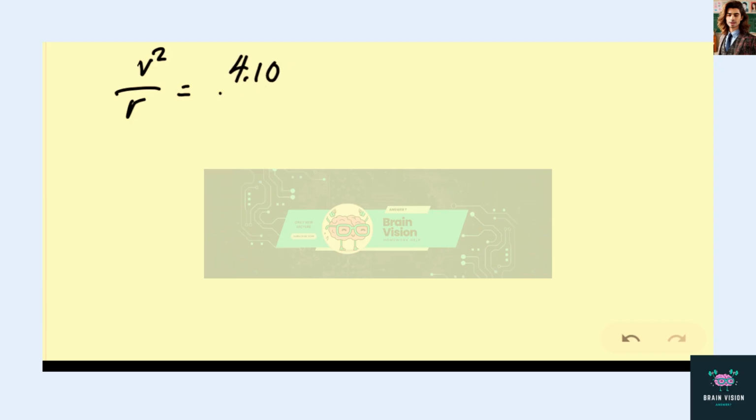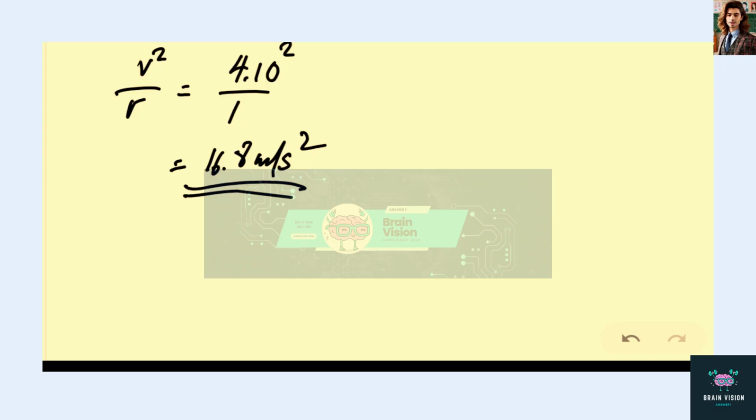Centripetal acceleration is just v squared over r. Given our final velocity of 4.1 divided by the radius of 1, this is about 16.8 meters per second squared. So this is the amount of acceleration that is required to keep it in circular motion.